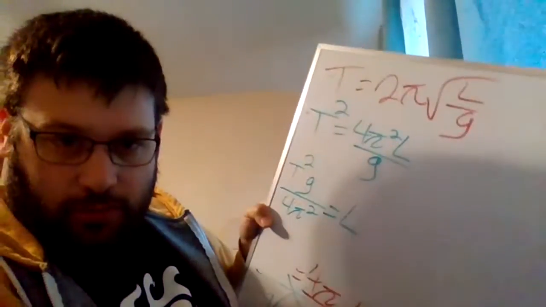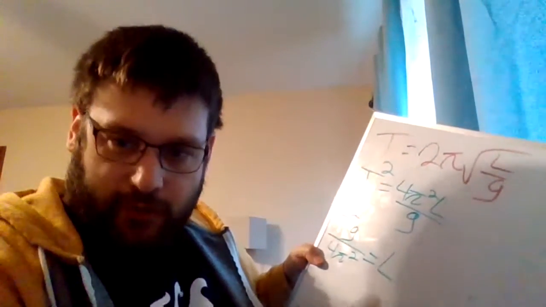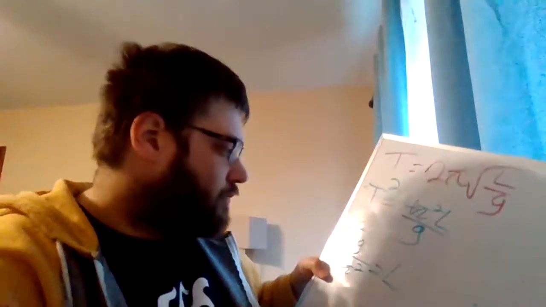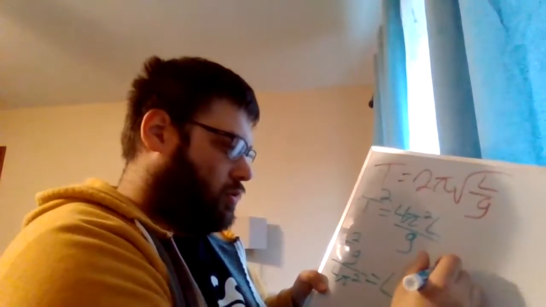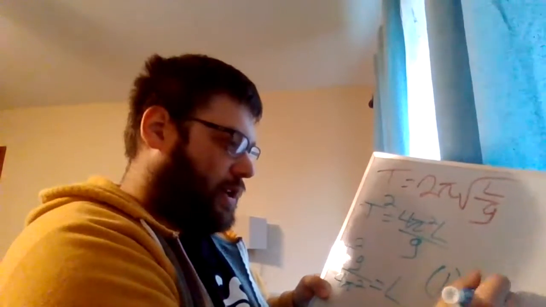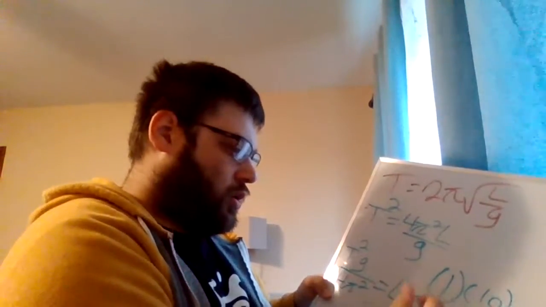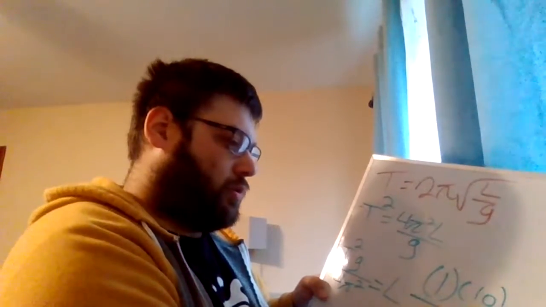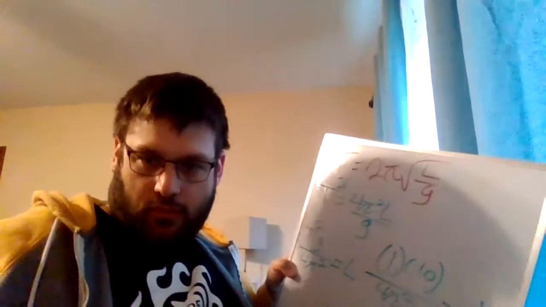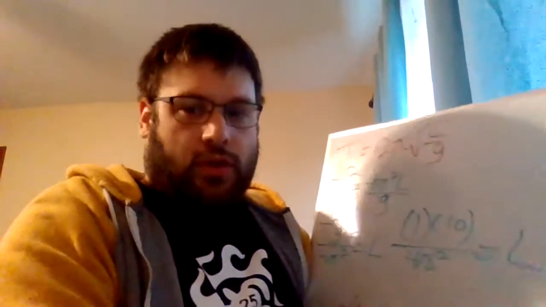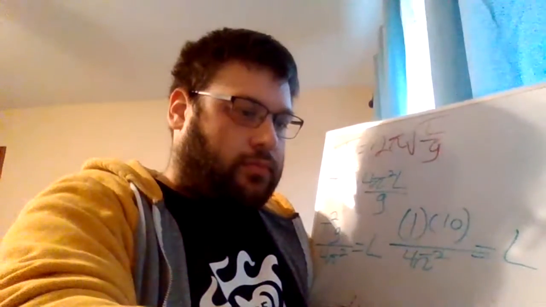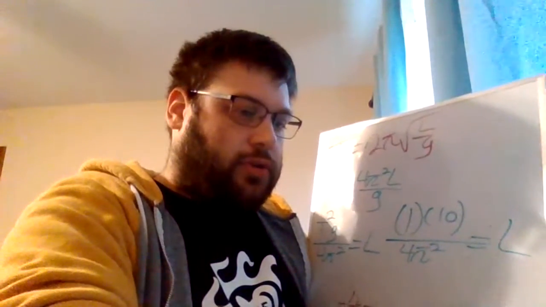So I rearranged that equation, and for this argument, my T is going to be 1. So 1 times 10 over 4 pi squared will equal L. So I'm going to pull up my calculator. Just give me a second.